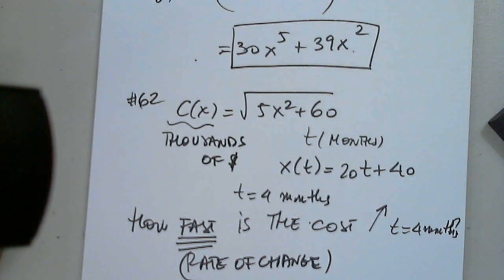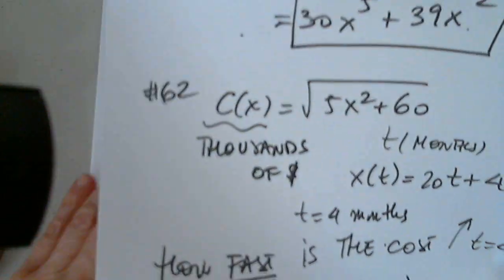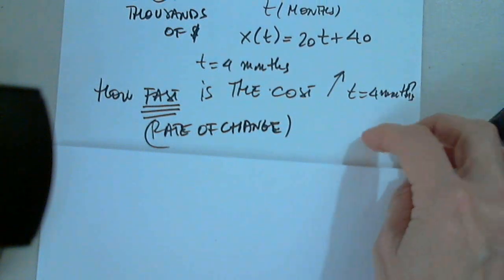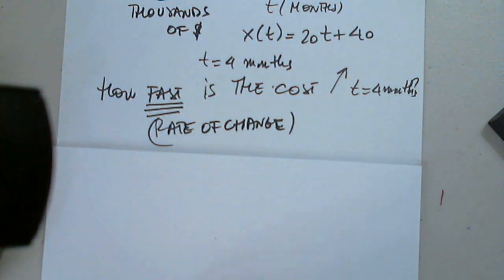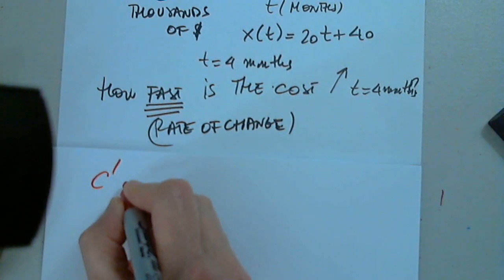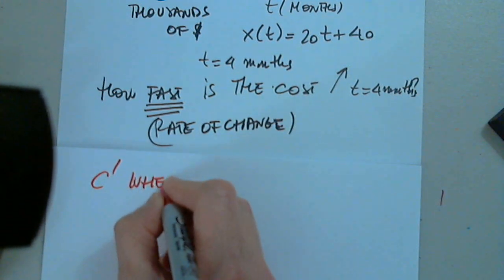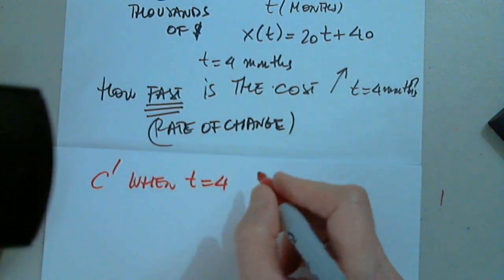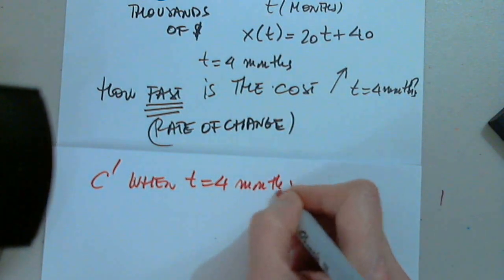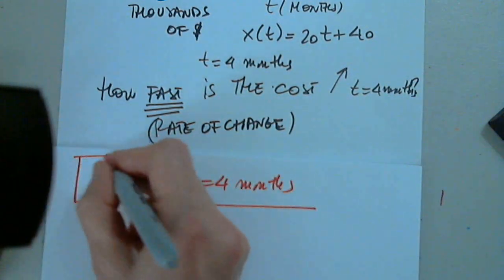What are we asked to find? Is it the derivative? Yes, yes. They're asking us to find C prime when t is 4 months. This is the question.